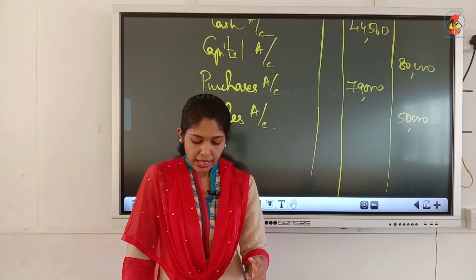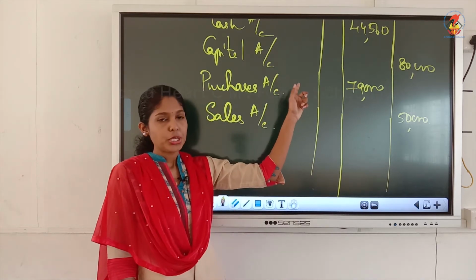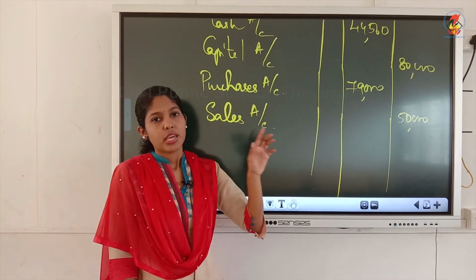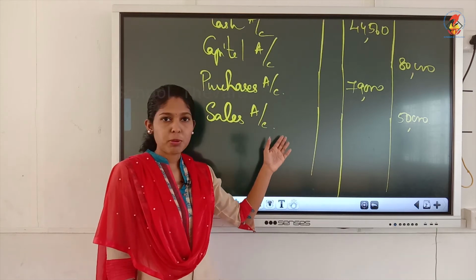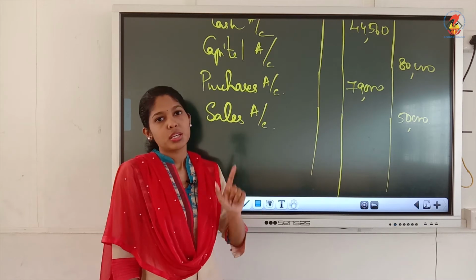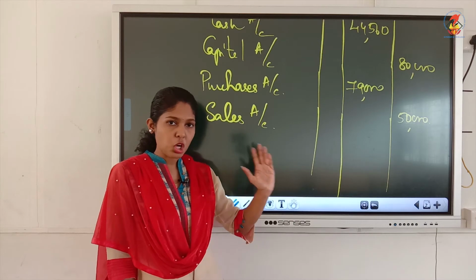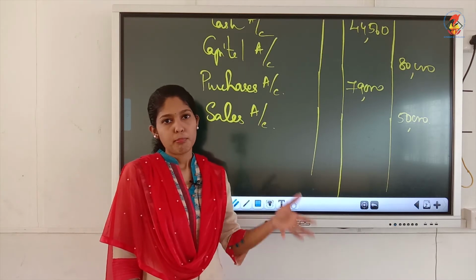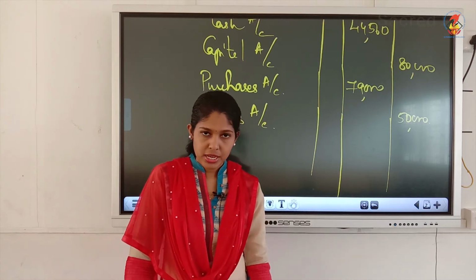So, there is no balance in Sohan's account, and trial balance is an account to show the ledger account balances. If there is no balance for a particular account, should we take that account here in this trial balance? No need. So, Sohan's account should not be written in this trial balance because there is no balance for that account. Then the next one is Ramesh's account.